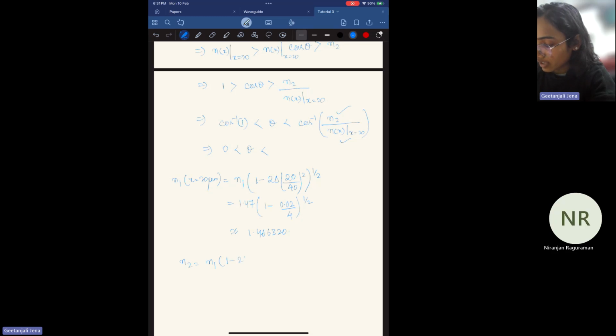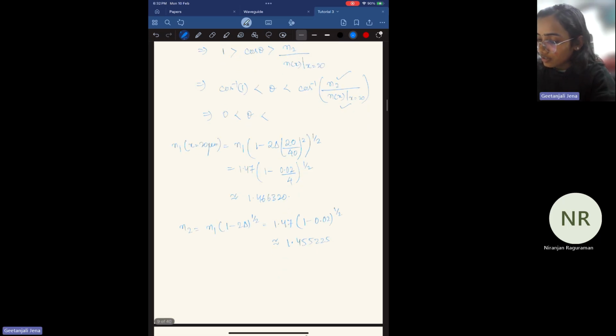And N2, this is the usual expression, N1 times root of 1 minus 2 delta. N1 is 1.47 and it is root of 0.98, and this will come around 1.455225.